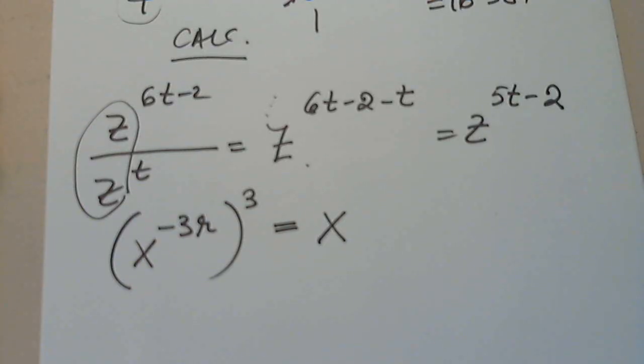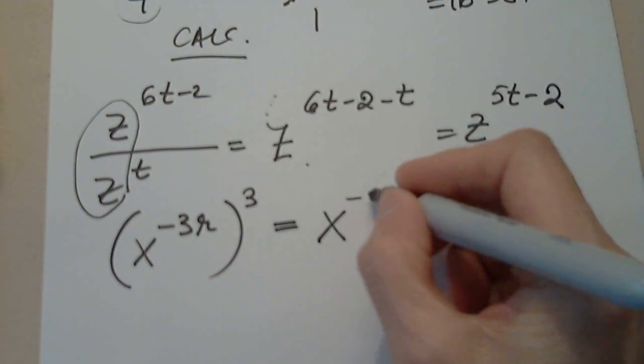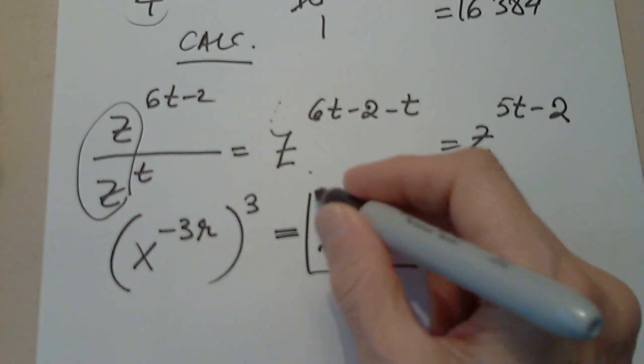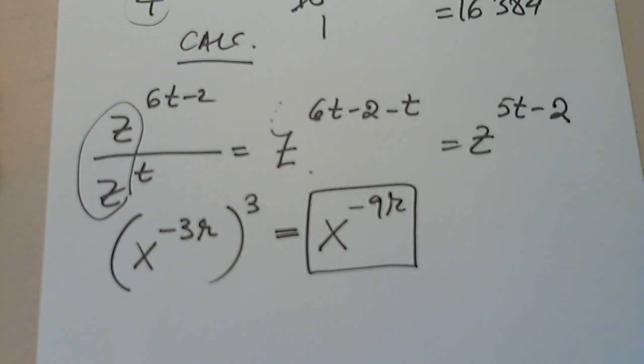What operation do we apply next? Multiplying? Yes. And let's multiply negative 3r by 3. What do we get? Negative 9. Negative 9r. Very good. This is it. Very good.